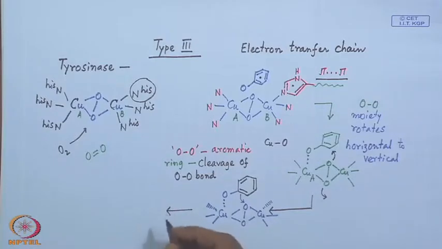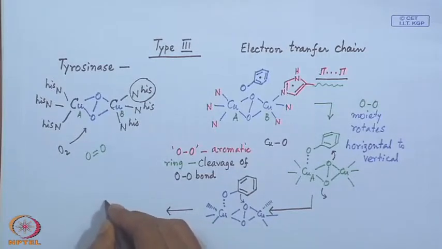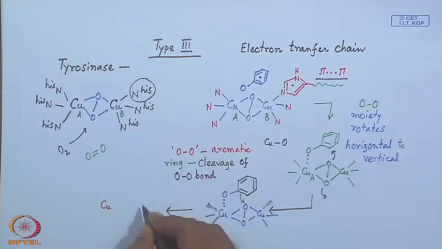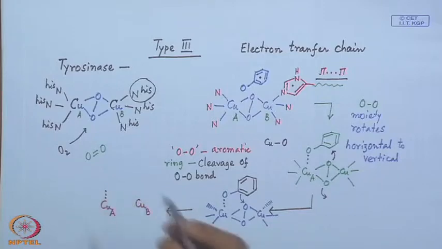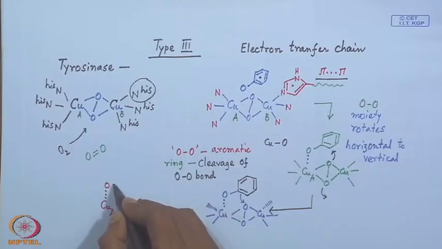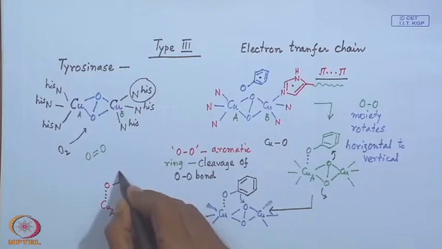that once it is cleaved, you have the first copper, which is copper A, and you have copper B, and this one sometimes we can write as a solid line bond, or we can still write it as a dotted one.